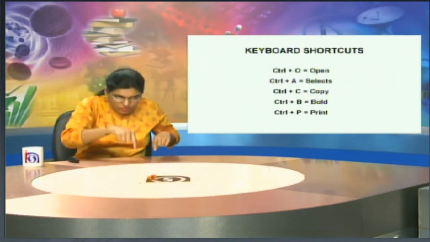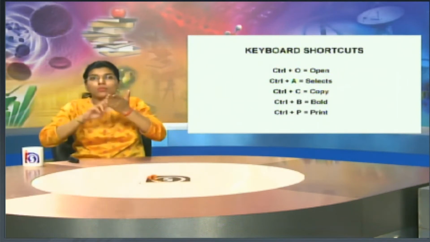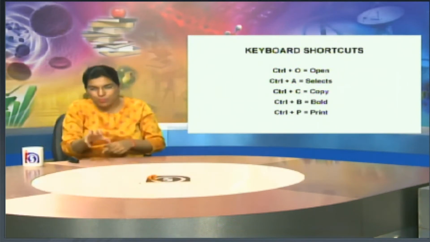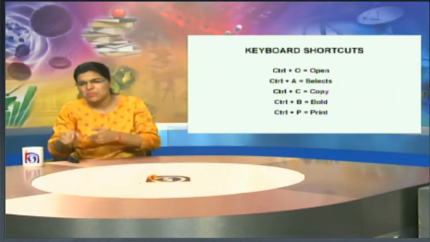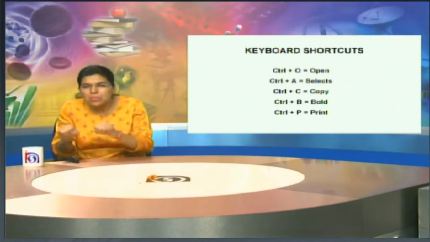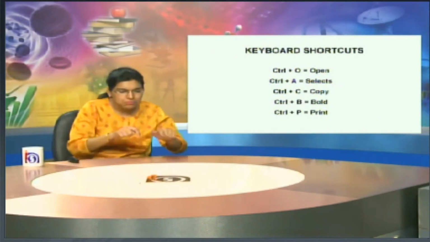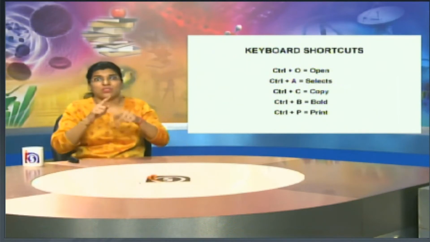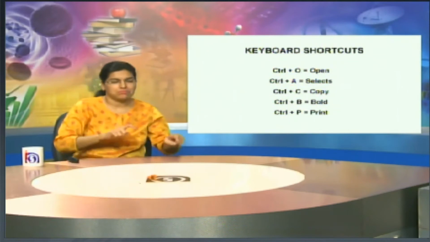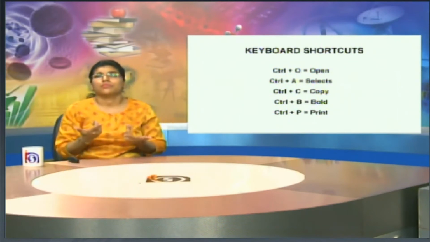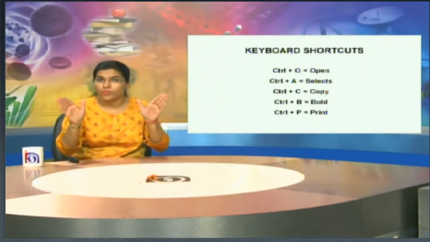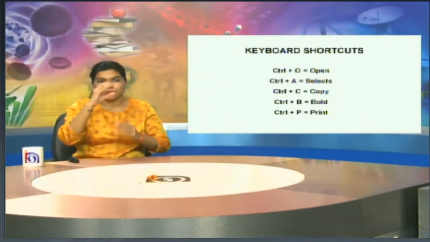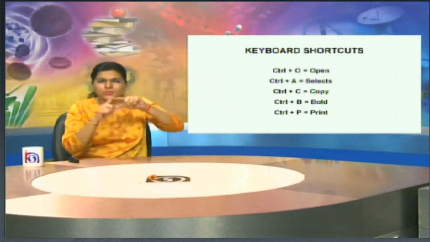When you press Control plus O, that is used for open. You can save your time by pressing two buttons together and using that option. That can save your time and make your work faster. So, the first option is open. To open your work, Ctrl plus O.